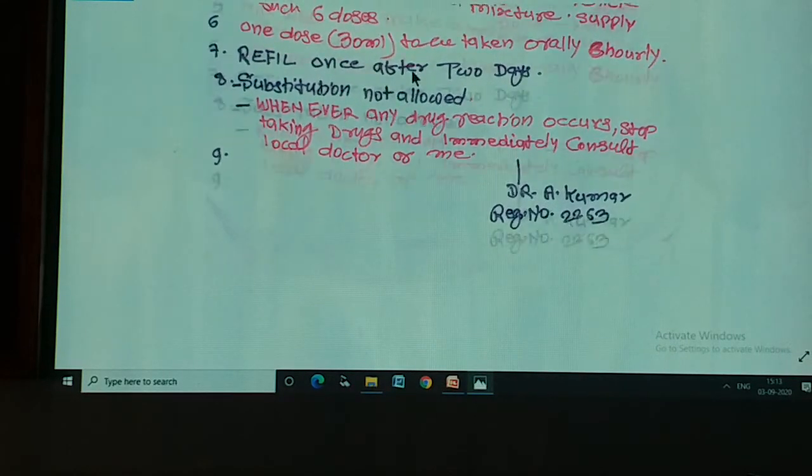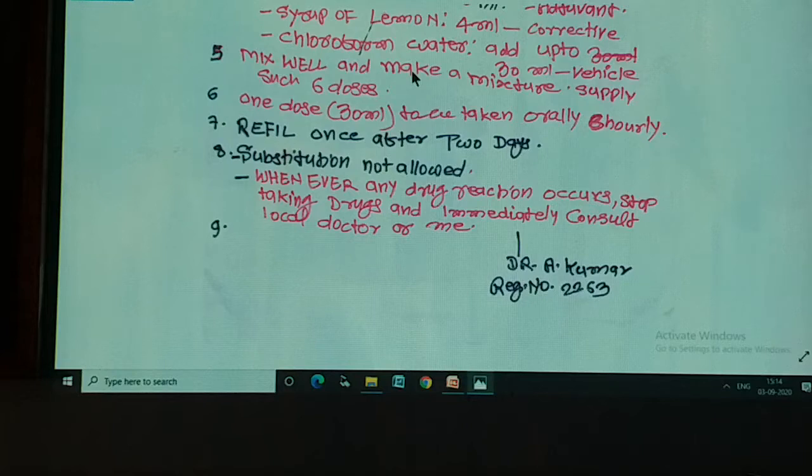These 4 ingredients should not be substituted by the pharmacist. A special instruction is whenever any drug reactions occur, stop taking drugs and immediately consult local doctor or me.